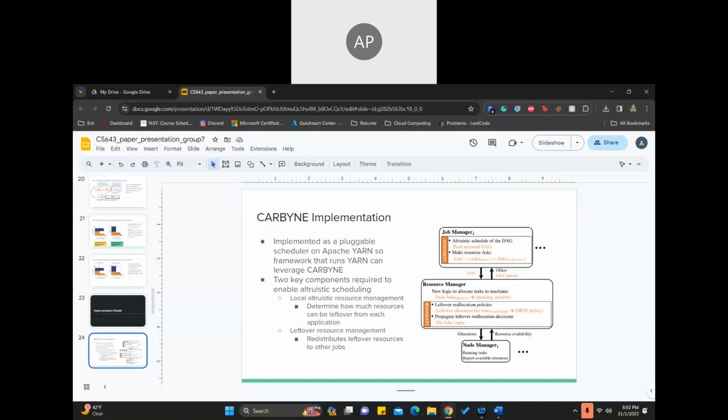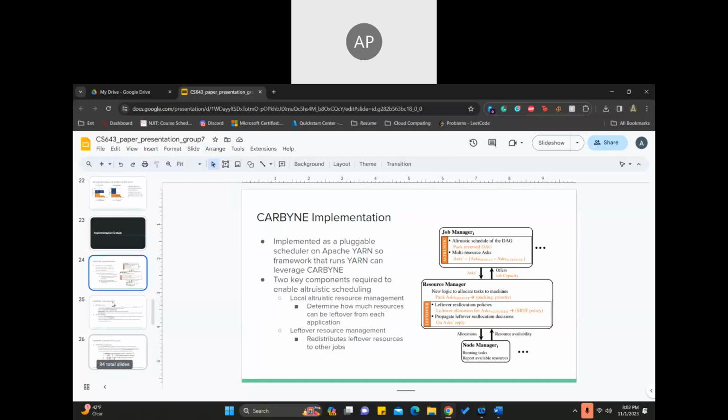There are two key components required to enable altruistic scheduling. First is local resource management that determines how many resources can be left over from each application. The second is leftover resource management that determines redistribution of leftover resources to other jobs.